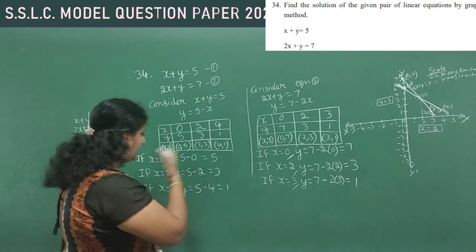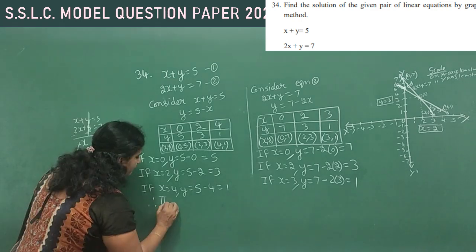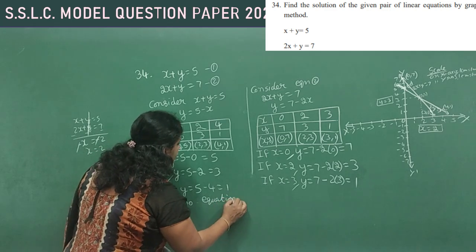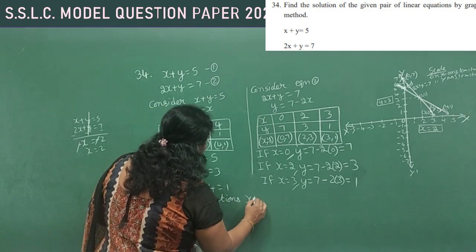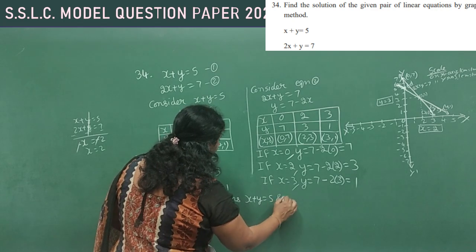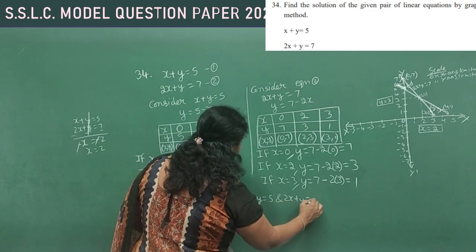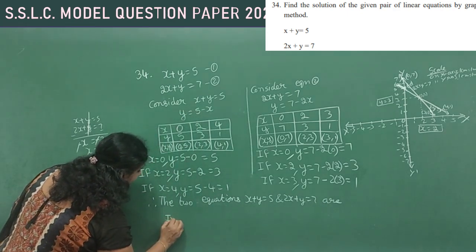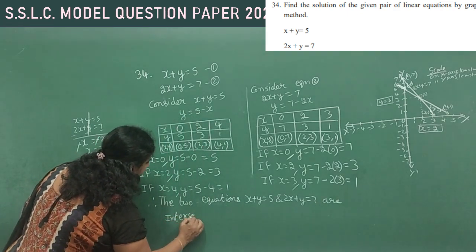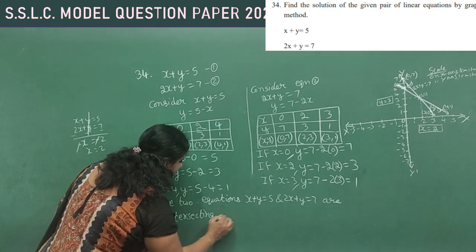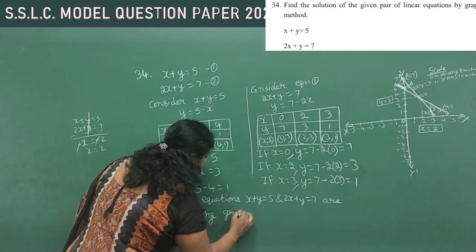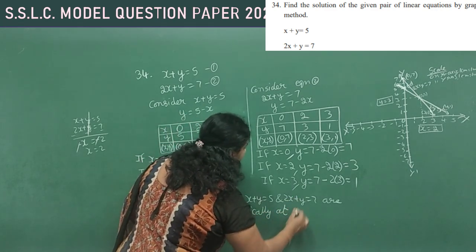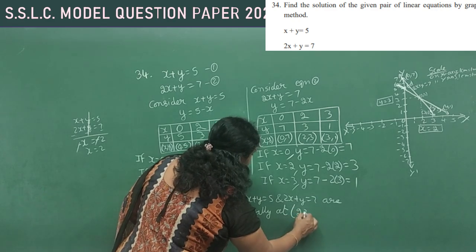So statement-wise, therefore, the two equations x plus y is equal to 5 and 2x plus y is equal to 7 are intersecting graphically at 2, 3.